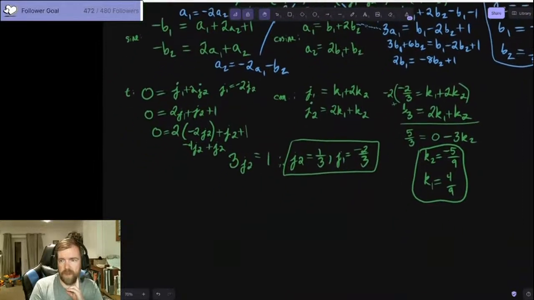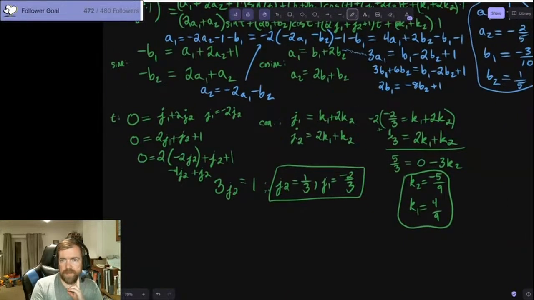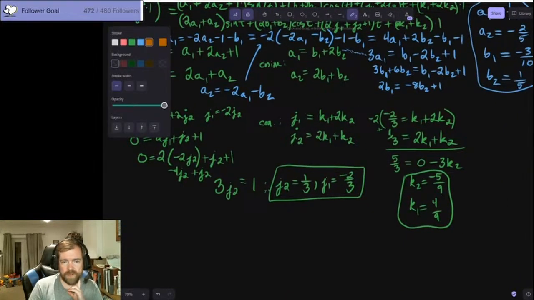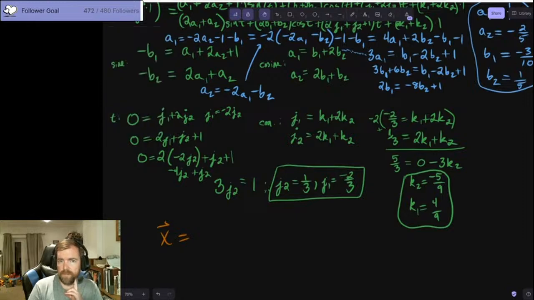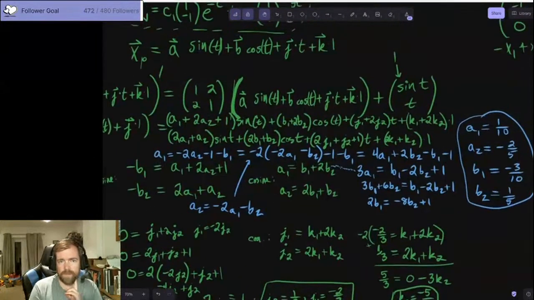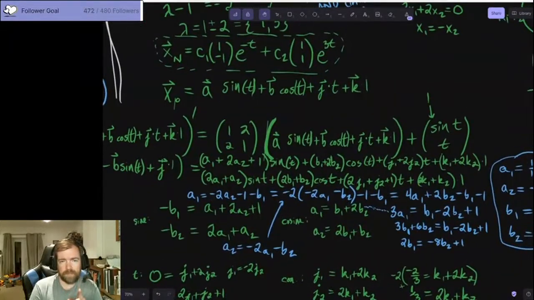Okay, so that means that our overall solution for this is that X bar is going to be that stuff first, the homogeneous solution.